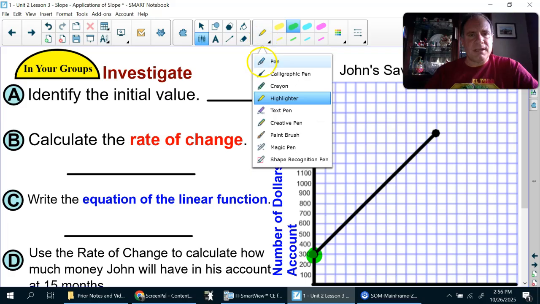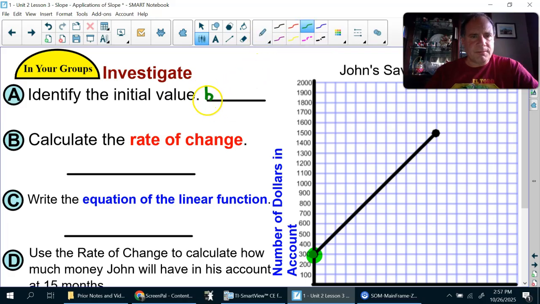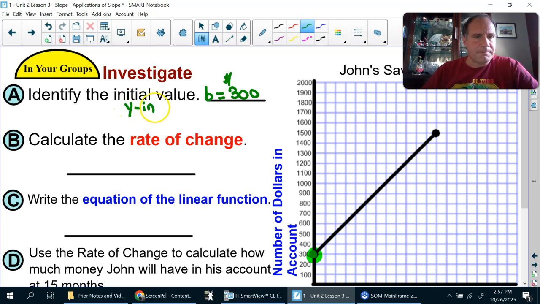The y-intercept is b, so b equals 300. And that is dollars, the amount that John has in the savings account as an initial amount. Right? Initial value is the y-intercept.